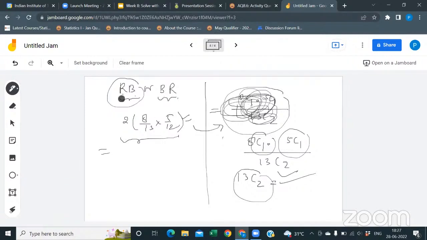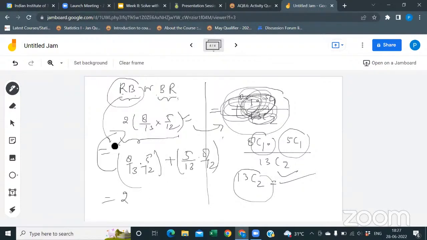It can be red blue or blue red. For red blue, it will be 8 by 13 into 5 by 12, or it will be 5 by 13 into 8 by 12, which is the two times of this one.